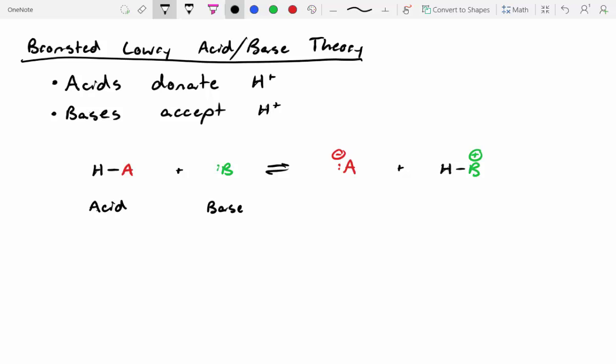Pretty convenient. What do we call A minus on the right-hand side if it lost its proton? Conjugate base, right? So in this case, it no longer has a proton to give up. It already gave it up. We call this the conjugate base. That means that B, since it has that proton now, is now our conjugate acid.